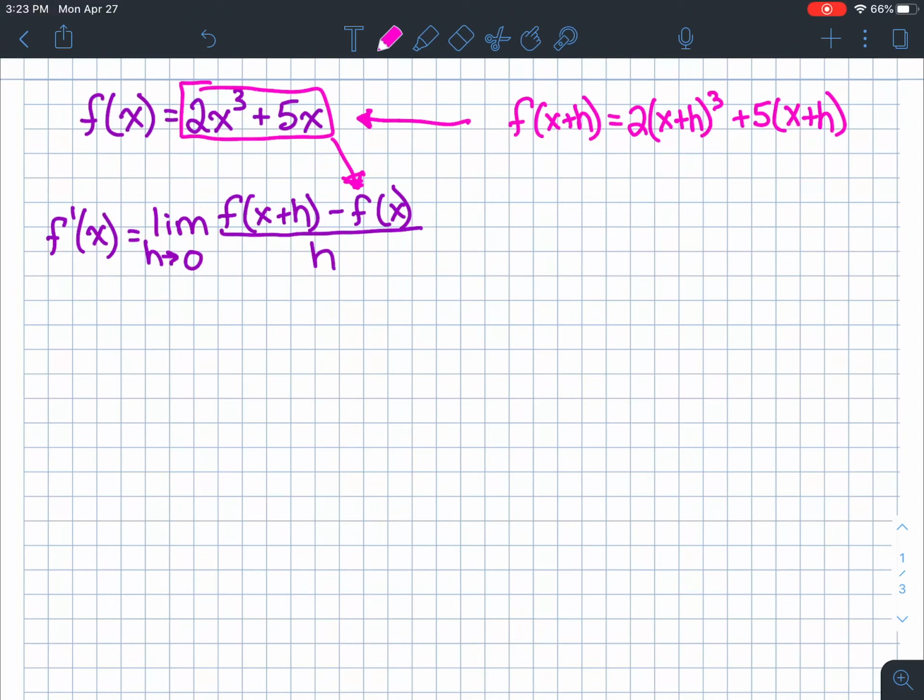Now I'm just going to expand this because it would definitely be easier if I expanded it ahead of time. And this looks awful to expand. We have to expand x plus h times x plus h times x plus h. I'm sorry, it does need more room.